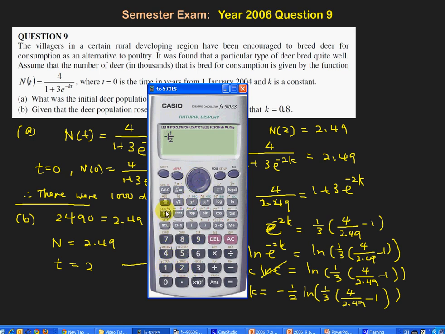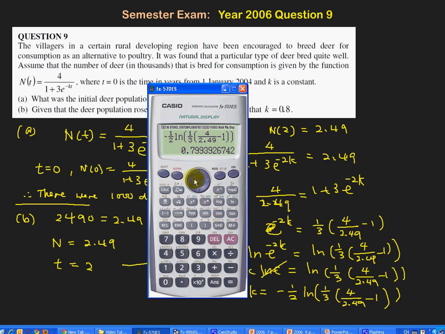Negative here, and ln, 1/3, and the parenthesis, so we'll get 0.799 for k.